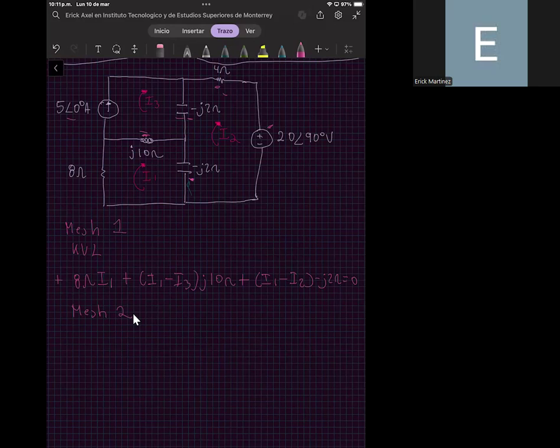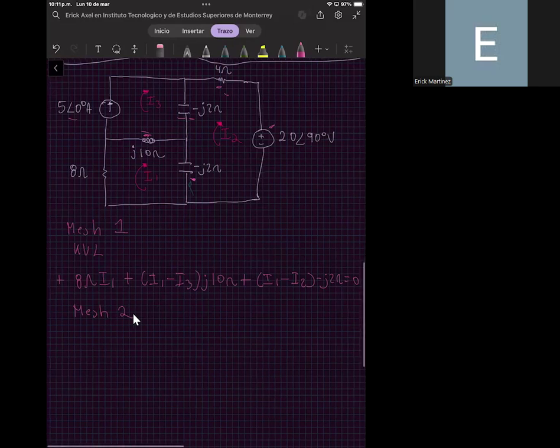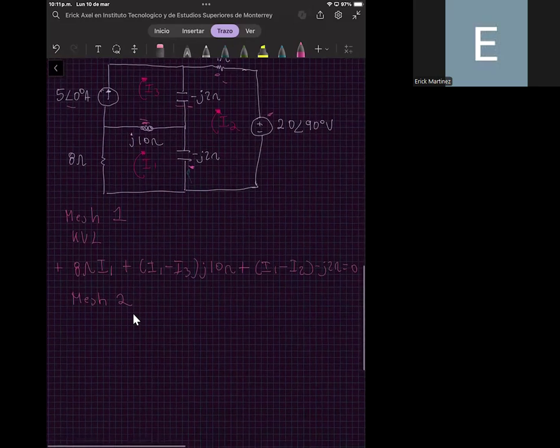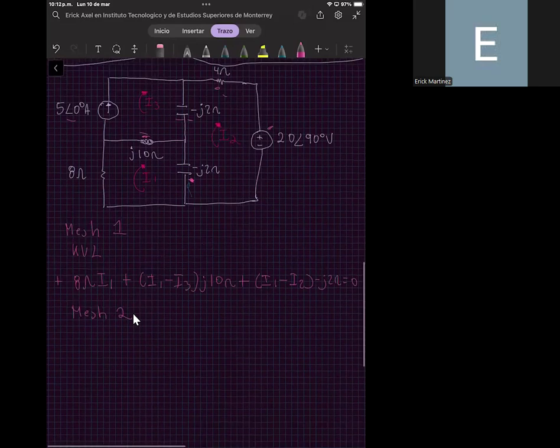For mesh number 2, we can apply the Kirchhoff voltage law in that loop. So we need to first compute the voltage drop in this capacitor. The voltage drop in that capacitor is the difference in currents between mesh number 2 and mesh number 1 times the impedance of the element, that is minus J 2 ohms, plus the voltage drop in the other capacitor at the top.